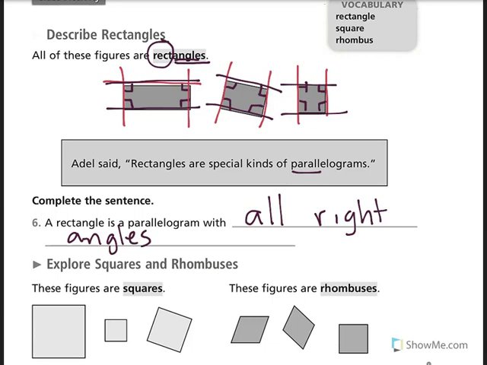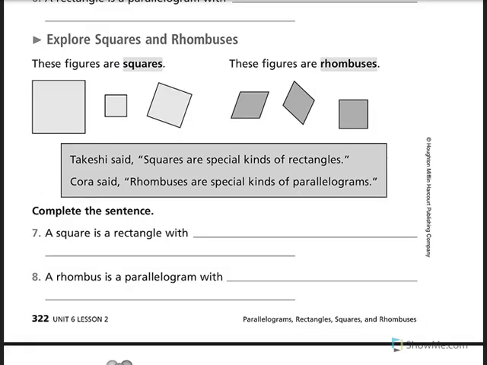Okay, so that's just a more specific way to talk about a certain quadrilateral that has parallel sides and all right angles. Now, looking at the next section, these are all squares, and these are all rhombuses.